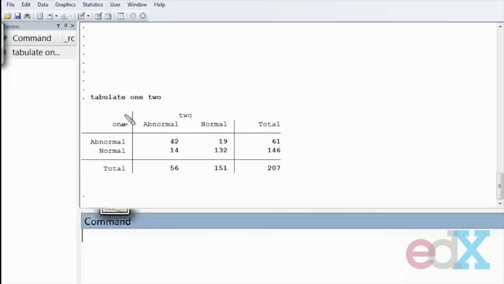Variable 1 is the results of the 1 microgram test, and variable 2 has the results of the 250 microgram test. Now we can cross-classify these patients. You can see we have 207 total patients, and for instance, 132 were classified as being normal on both tests.